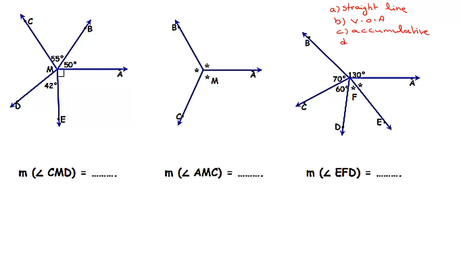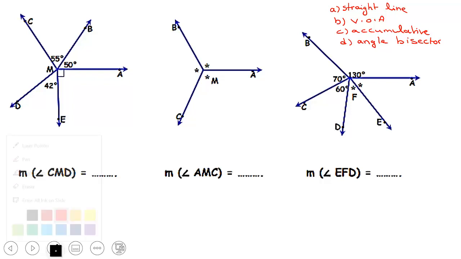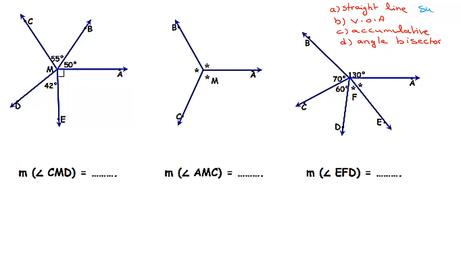Is there any angle bisector? And remember, angle bisectors divide the angle into 2 equal parts. If the angles are on the same straight line, then they should sum to 180 degrees. And if they are accumulative angles, they should sum to 360 degrees. So let's go now and begin.